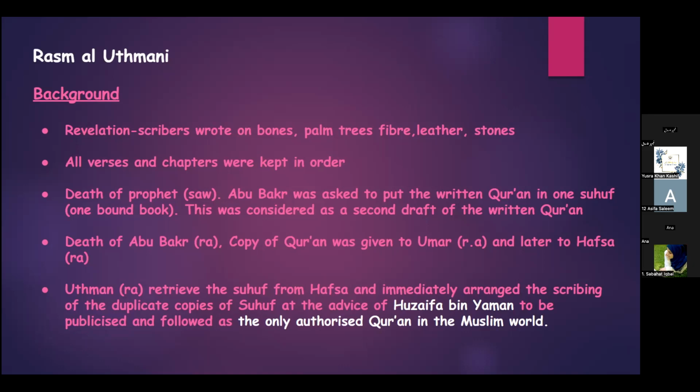So a standard writing style was adopted, and more than one duplicate copy of the suhuf was produced from the original, and then it was publicized, meaning it was sent out to different regions along with one qari.